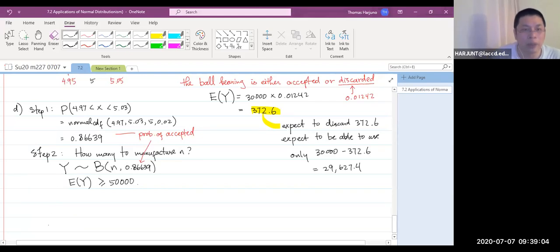Now, then how many should we produce? You see the expectation of Y will be, that's binomial distribution, so it's N times P, 0.86639 times N is greater or equal to 50,000. So N will be greater or equal to 50,000 over 0.86639.